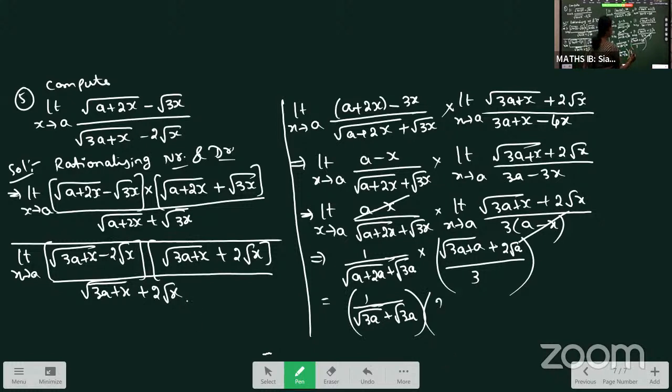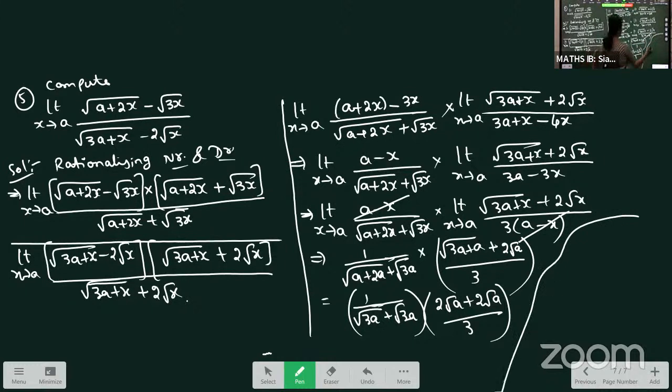Under root of 4a is 2√a, plus 2√a, by 3. Now see, 1 by √(3a) + √(3a), 2 into √(3a), into 2√a + 2√a, it is 4√a by 3. √a and √a get cancelled, 2 ones are 2, twos are. So the left out one is numerator 1 into 2 is 2, by √3 into 3 is 3√3.